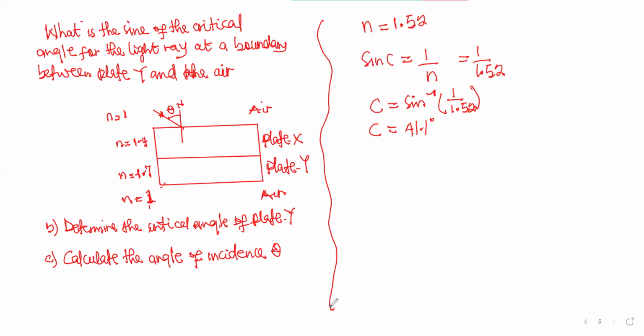So what is the sine of the critical angle for the light ray at the boundary between plate Y and the air? This is the boundary between plate Y and the air. Has somebody managed to finish?